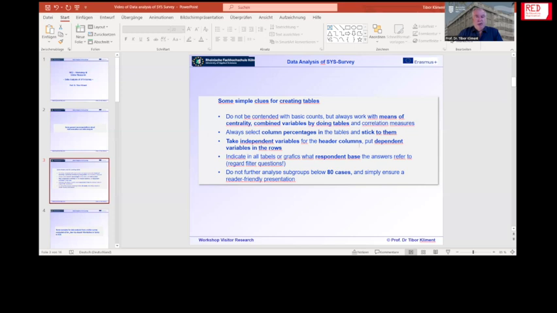So take a close look beforehand at how many respondents you have in your table, and if you are below 80, which is the minimum, you shouldn't do tables.